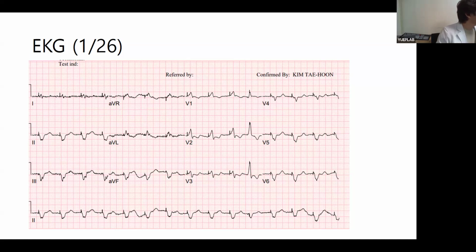So in lead 1 or aVL, negative polarity and a fast negative deflection time means the LV lead is positioned in an appropriate position. Another thing, it is not mandatory, but in V6, if the polarity is positive, it means the LV lead is positioned in the basal part.